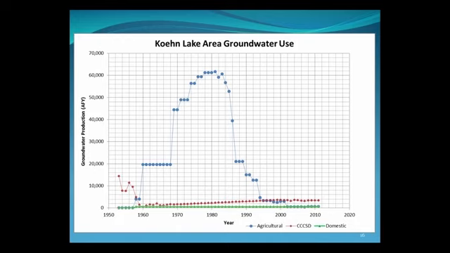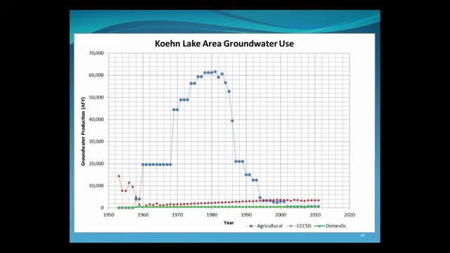This is a depiction of historic pumping in the Fremont Valley. You can see that the green, I think, is domestic use. The red is California City Community Services District. You can see they're very small and fairly constant, representing about 4,400 acre feet or so of annual use today.